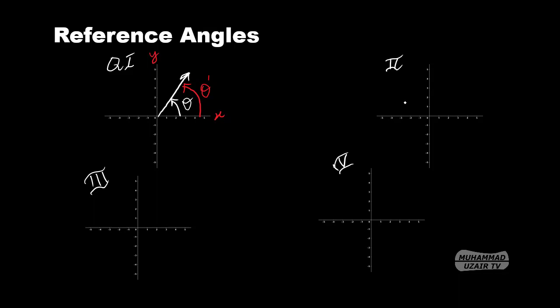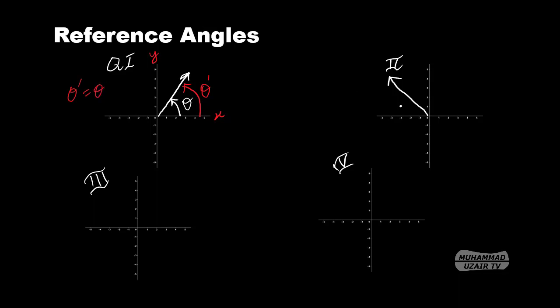For the second quadrant, let's suppose we have this line. For the first quadrant, the reference angle theta dash will be equal to theta.